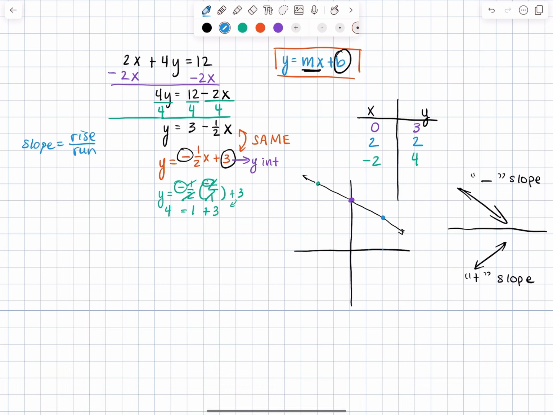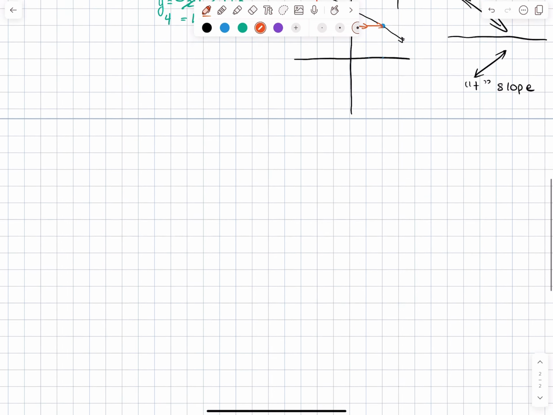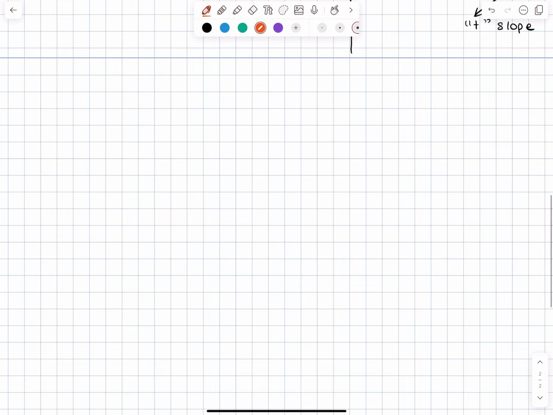So we're going to rise -1, which means we go down 1, and then we're running to the right 2. So 1, 2, and that works. Let's do it again. So 1 down, 1 to the left, 2 to the left. So this works out. So finally, let's do one more example.